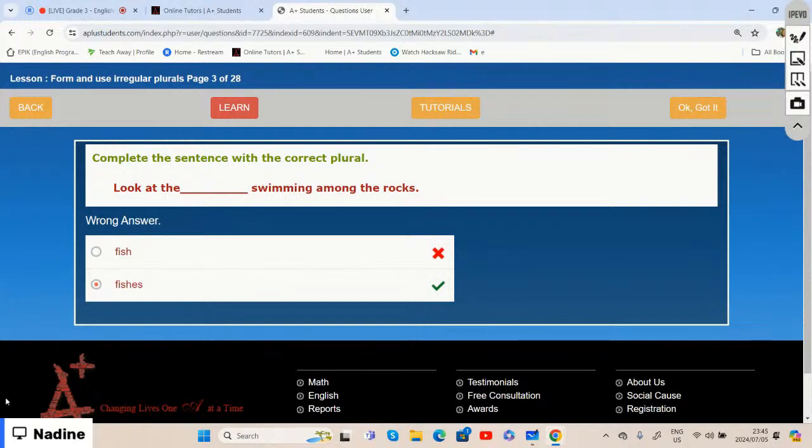But if we're only referring to one kind of fish, then we say one fish, many fish. But if we're referring to different kinds of fish, then we say one fish, lots of fishes. Do we get the difference between fish and fishes now? Fishes is correct. So well done.